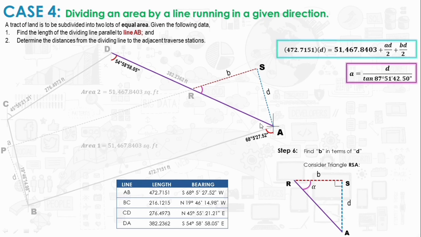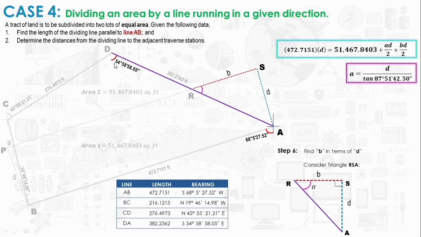So, paano natin makuha yung angle dito? Paano natin makuha yung included angle dito sa station A? So, given naman yung bearing ni AB, di ba? Yung bearing na 68 degrees, 5 minutes and 27.52 seconds. And, given also yung bearing ni DA.